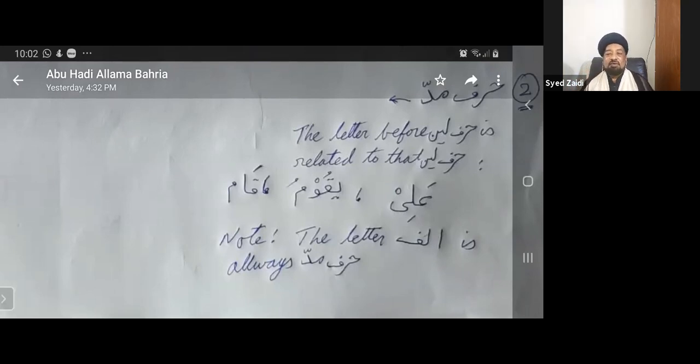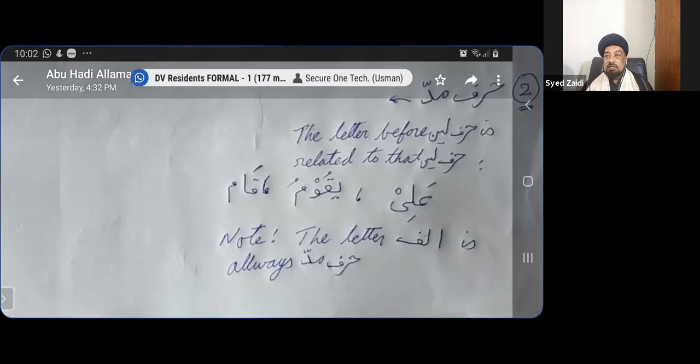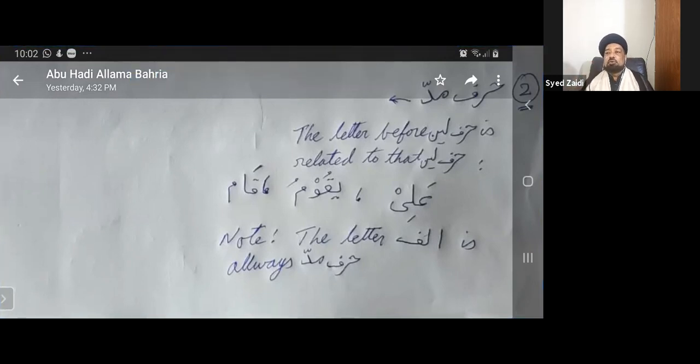Very easy. Alif is always silent whenever it comes in a word, as one of the root letters, and the previous letter always has to have the fath sign. So alif is always harf mad.